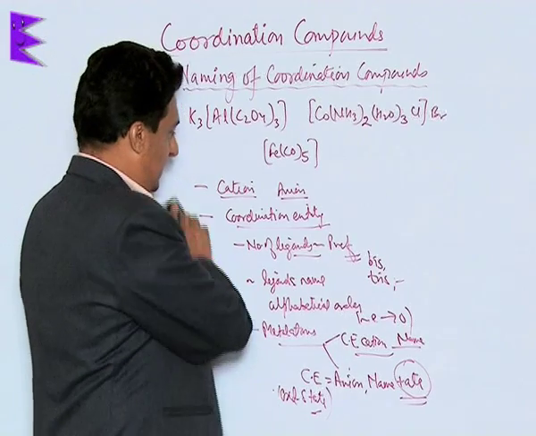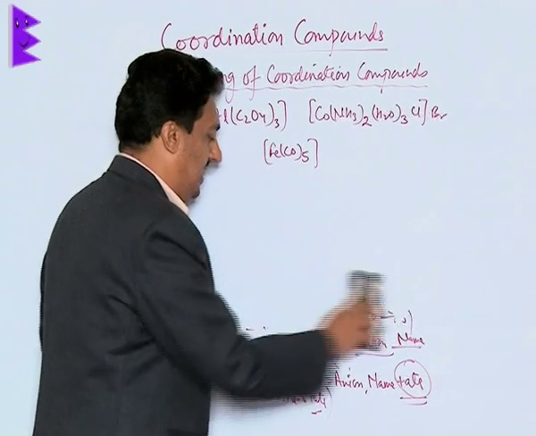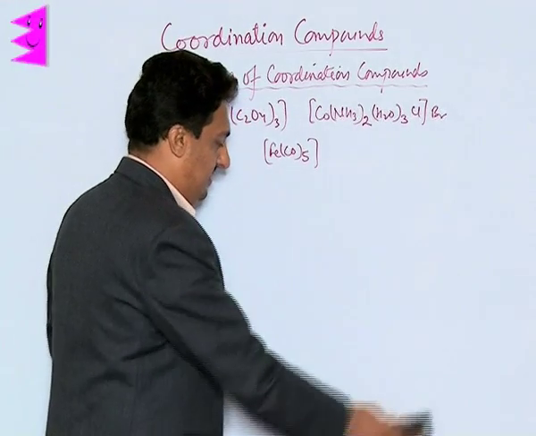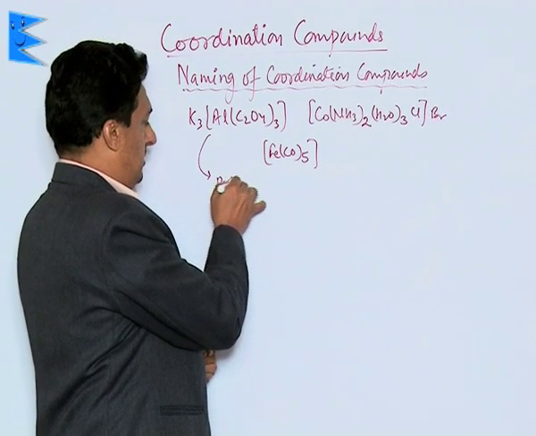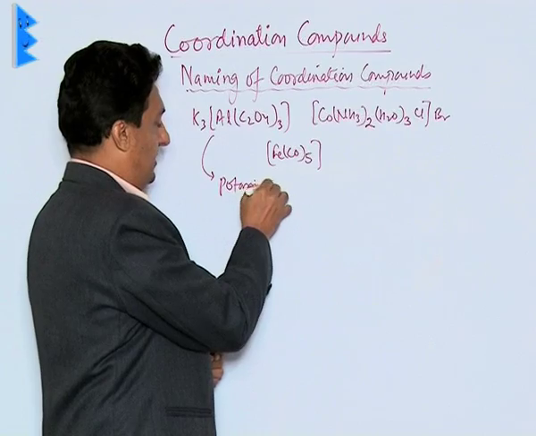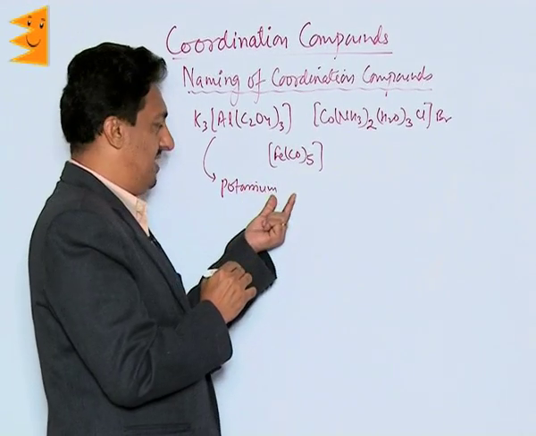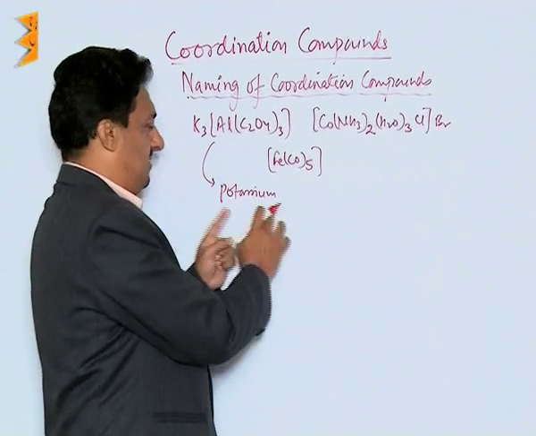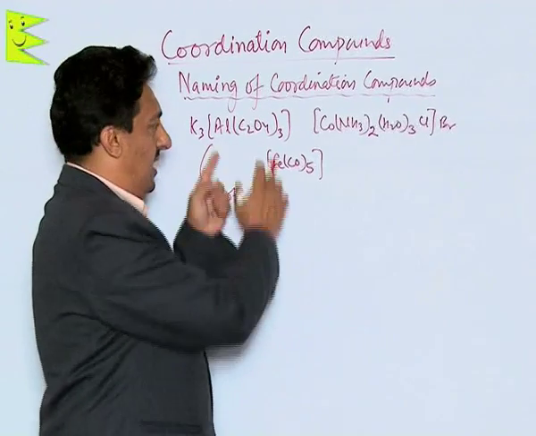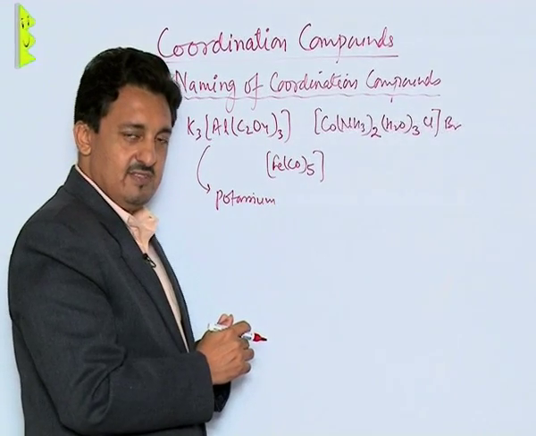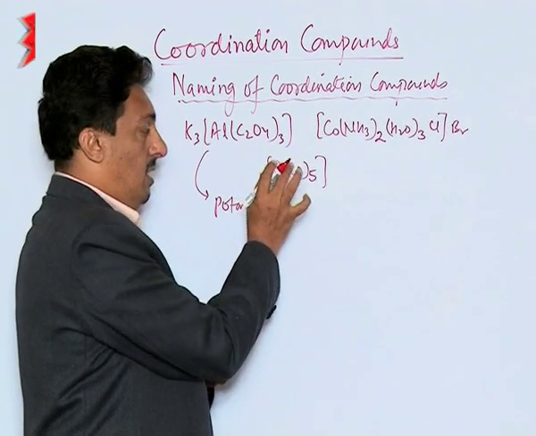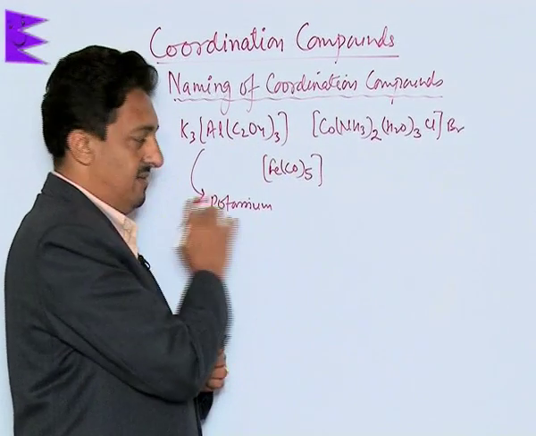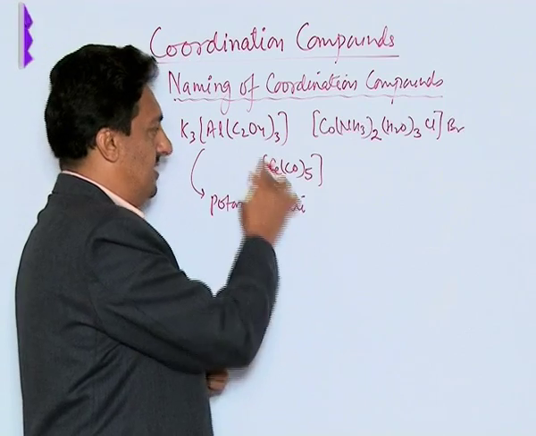Let us see how we will write down the names of the compounds which I have written as examples. This compound will be called potassium. I have written the cation first. I will leave a gap because the cation is a very simple ion. Your anion is your coordination entity, which is a complex ion. Now its name begins with the number of ligands. It's 3, so we call it tri.